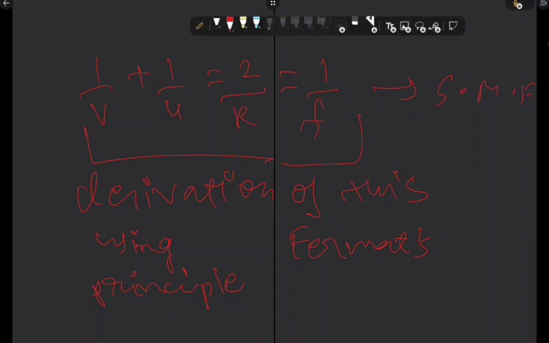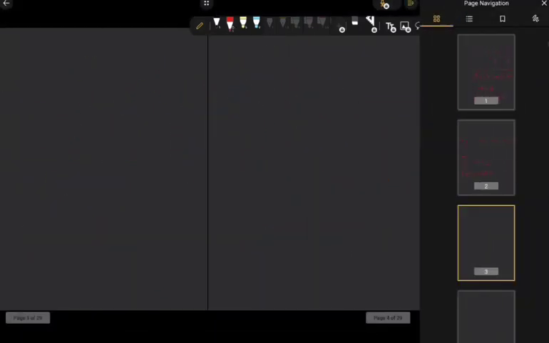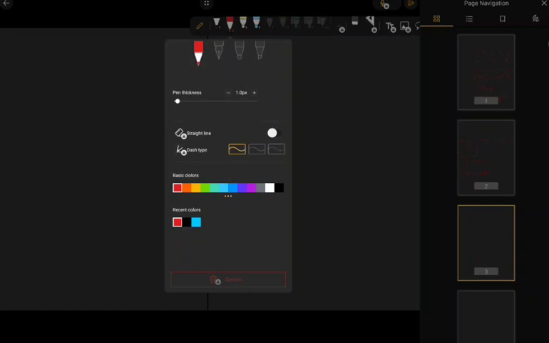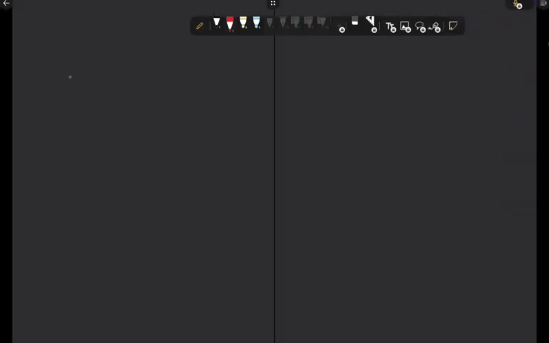Now first of all, whenever you write the spherical mirror formula, you basically see the various meanings of the various terms in it.